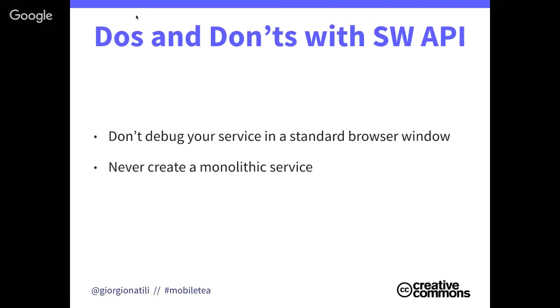Service worker API: please don't debug your service worker in a standard browser window. Open an anonymous one, because otherwise your browser will start to be polluted by your service worker that at the beginning will be full of bugs. You can close and forget about all your mistakes. And never create a monolithic service. There is importScripts that allows you to import different packages or different files.